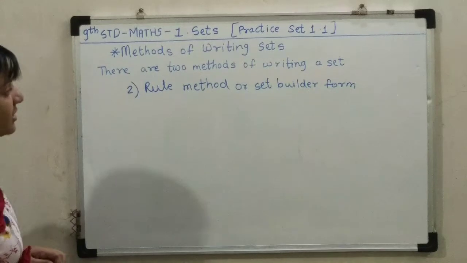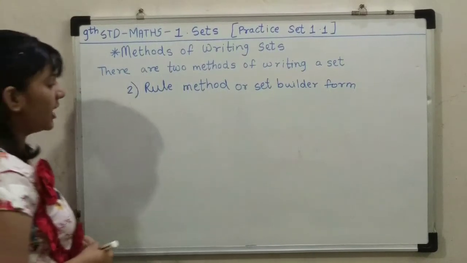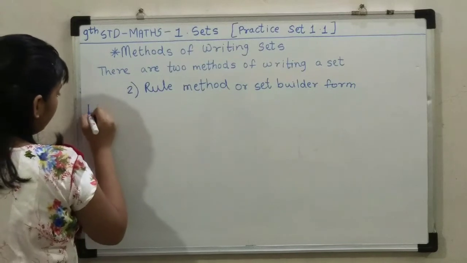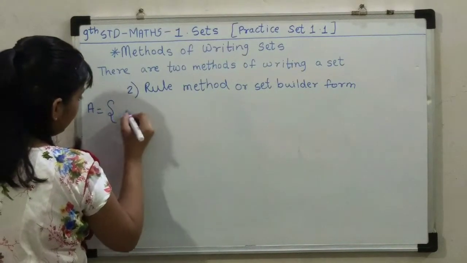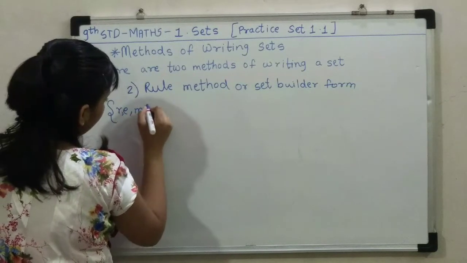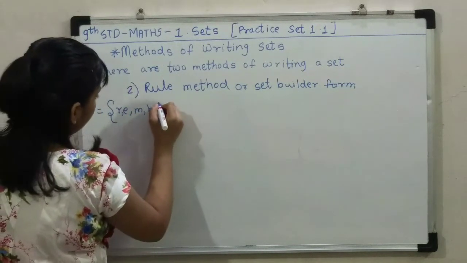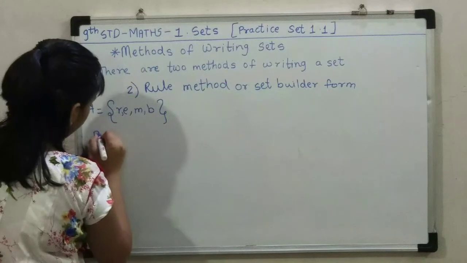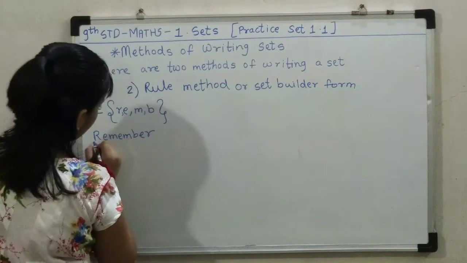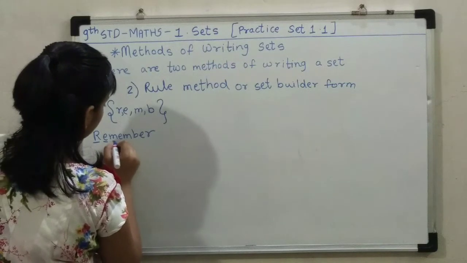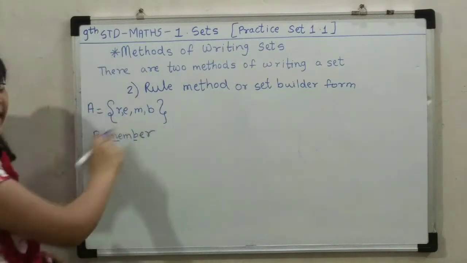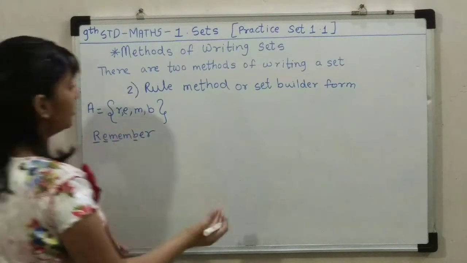Now how are we going to write the rule method or set builder method? In the listing method we wrote the letters of the word remember: R, E, M, B. So here in the rule method form, how are we going to convert this?